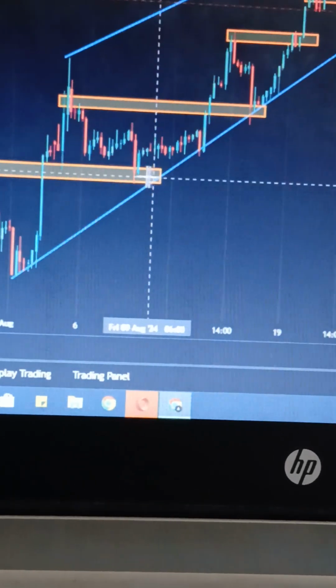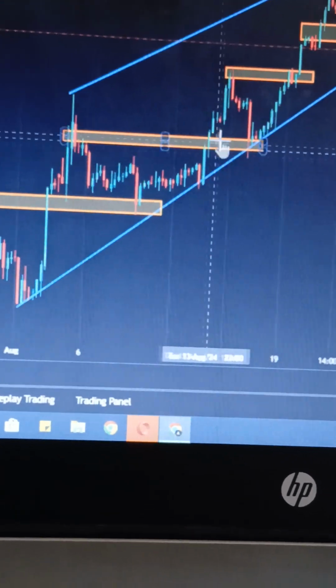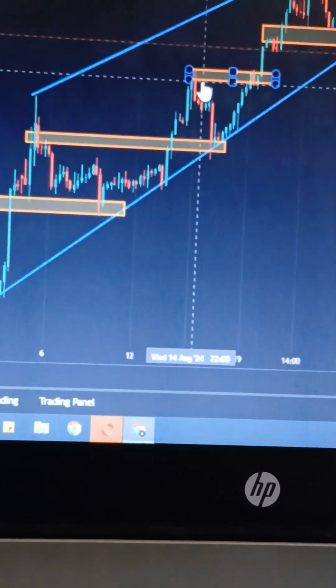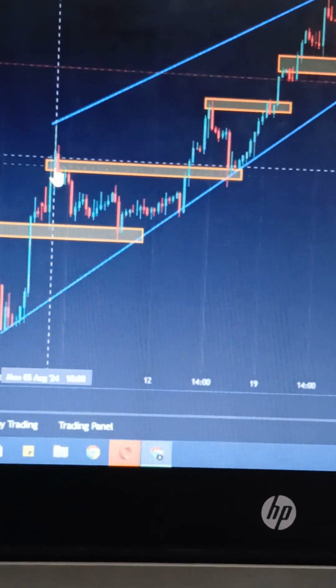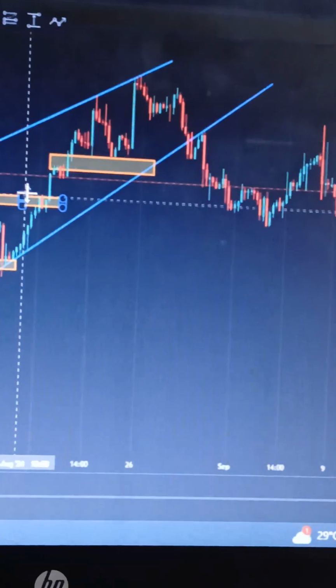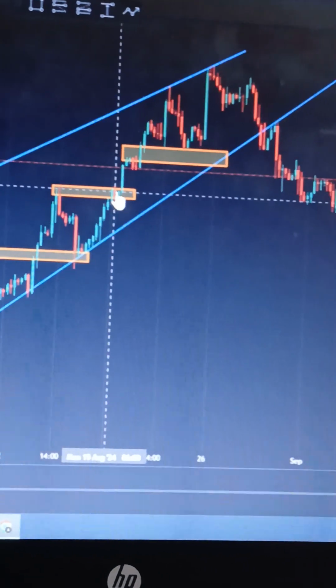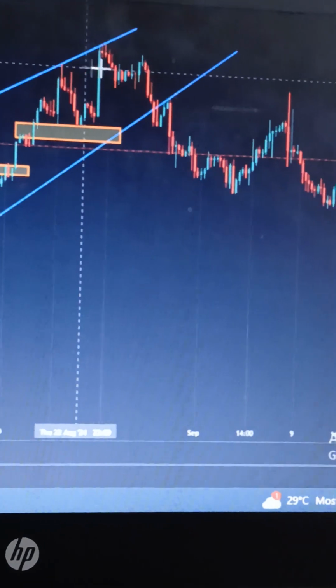After retesting this level, it started moving to the upside, made a huge impulse move, retested this resistance level, and made a huge impulse to the upside, retested this resistance level, and made a huge impulse move to the upside, just like that.